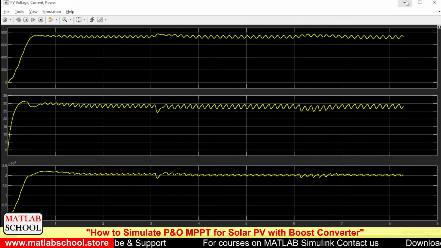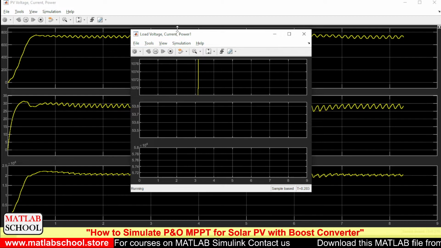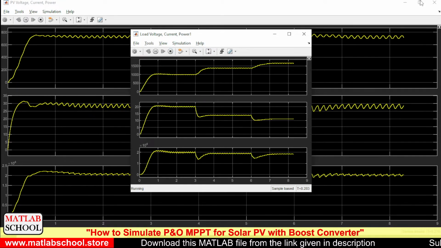I see it has hung. Yes. As you can see, the current and the output power, the load power, is almost reaching 20,000 watts.